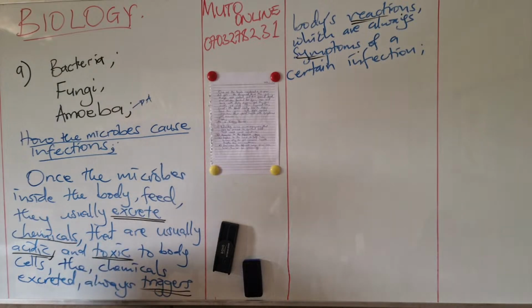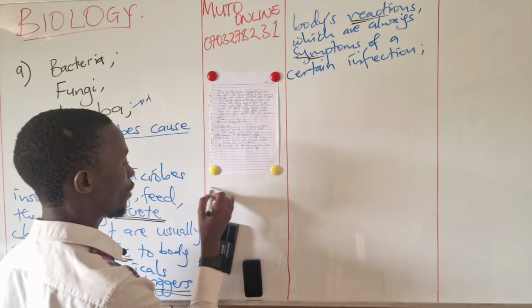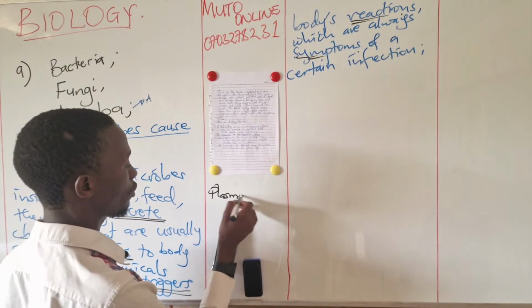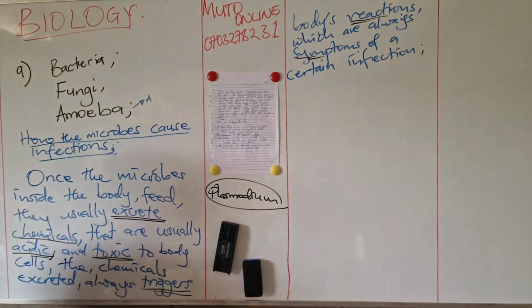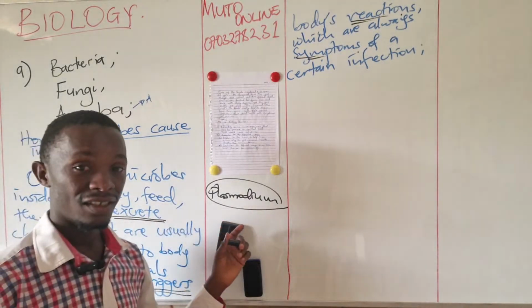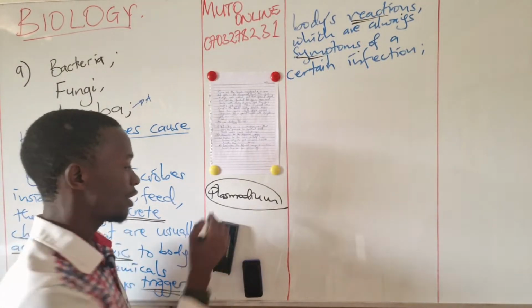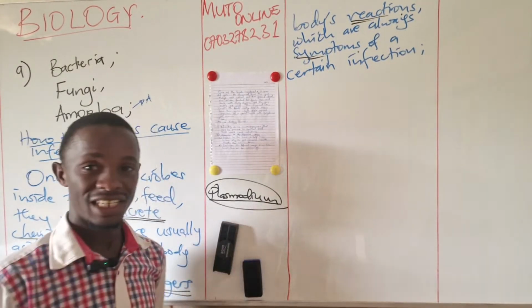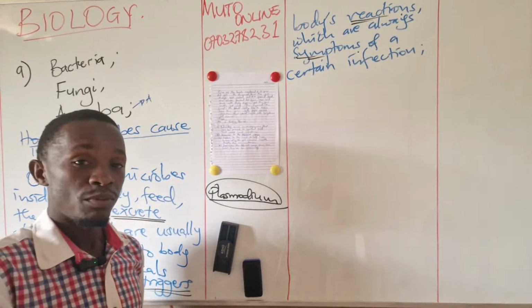For example, any emergence or multiplication of the plasmodium parasite in red blood cells will always trigger an increase in temperature. These plasmodium parasites will excrete more of the chemicals into the blood.